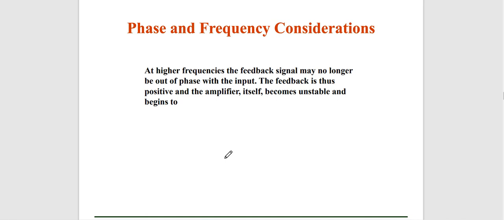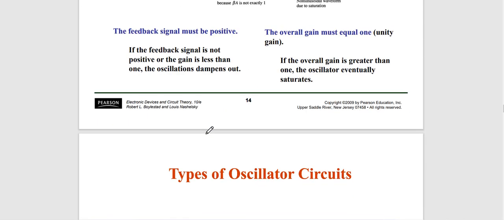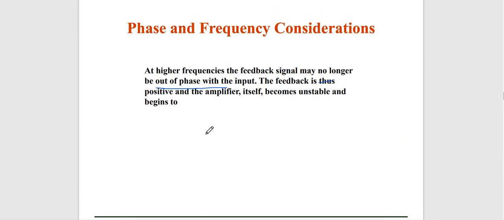And then the last one is the phase and frequency considerations. At higher frequency, the feedback signal may no longer be out of phase with the input. So the feedback becomes positive, and the amplifier itself becomes unstable. So in this case, if we use the feedback at higher frequency, the feedback signal may be in phase with the input.